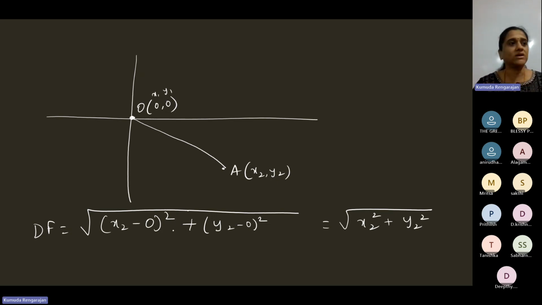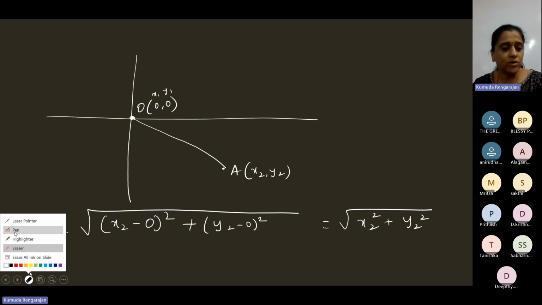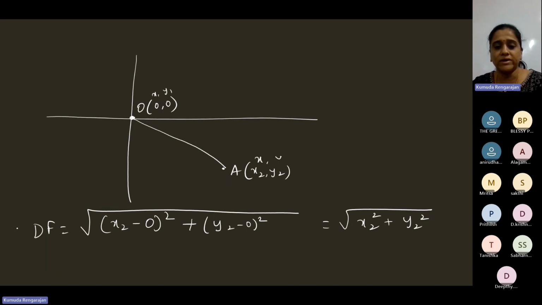In general, if this point is called x comma y, then the distance will be square root of x square plus y square. If this point is called x1 and y1, it is square root of x1 square plus y1 square.